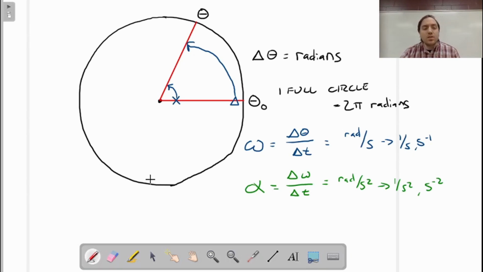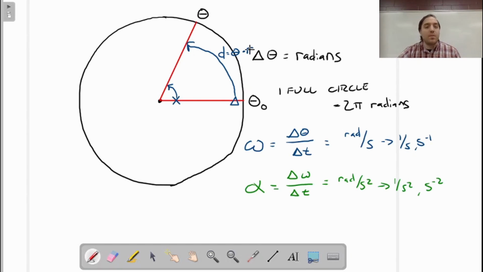Well, because if I want to talk about how fast something's going in a straight line, if I want to be able to relate this to things we've talked about previously, the way I can translate that is through the radius. The distance an object will travel here would be equal to the angle you travel through times the radius.